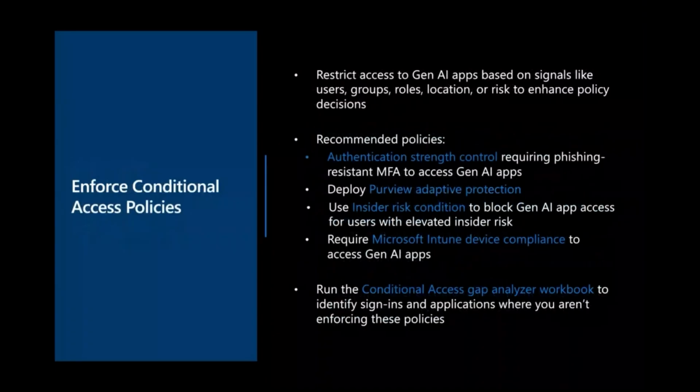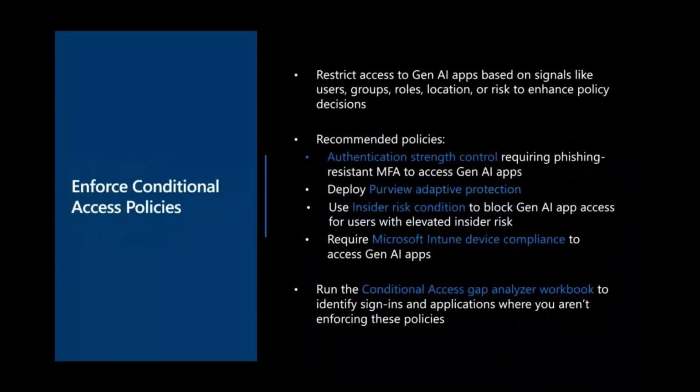And you can leverage any of those things to be able to enhance your policy decisions, right? So a few of the recommended policies, and as I'm going through this, these are not all the controls that we have, but these are the ones that we want to highlight because we think they are the ones that at minimum you should be considering when it comes to securing Gen AI.